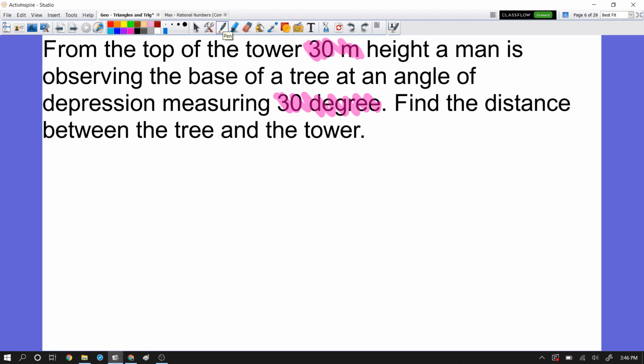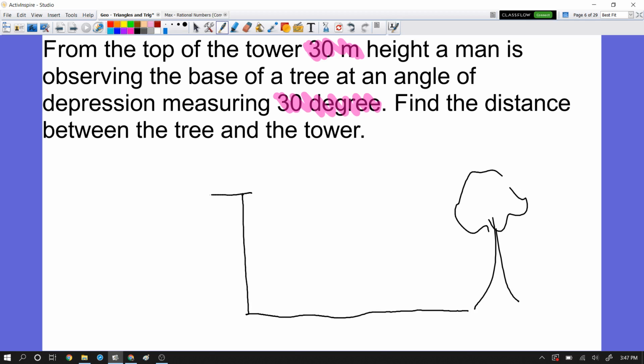All right, find the distance between the tree and the tower. So tree, tower. Right angle. There's going to be a man standing up here. From the top of the tower, 30 meters high, a man is observing.